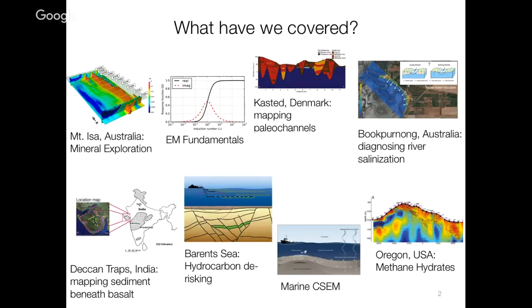I'm going to get charges building up, and that's going to be my signal. That led to the following geometry, where we have an electric dipole here. But if we want to see something that's 2 kilometers deep, then we better have a receiver line that's 6 or 8 kilometers long. So that was the hydrocarbon de-risking.